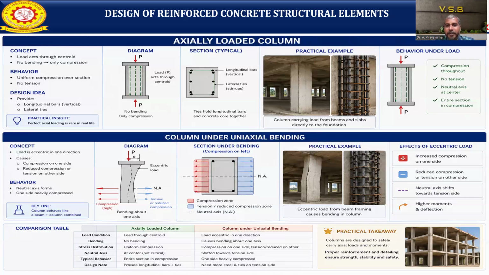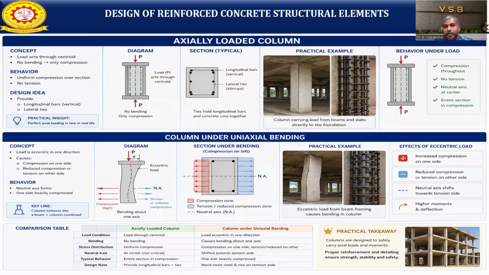So in a section under bending, the compression side will automatically be reduced and the neutral axis also changes. When the load is acting uniaxially, a practical example is the eccentric load from the beam framing in, which causes bending in the column, as shown in the figure.